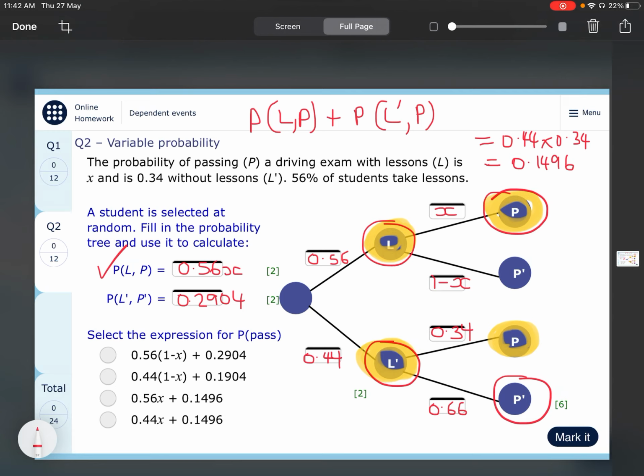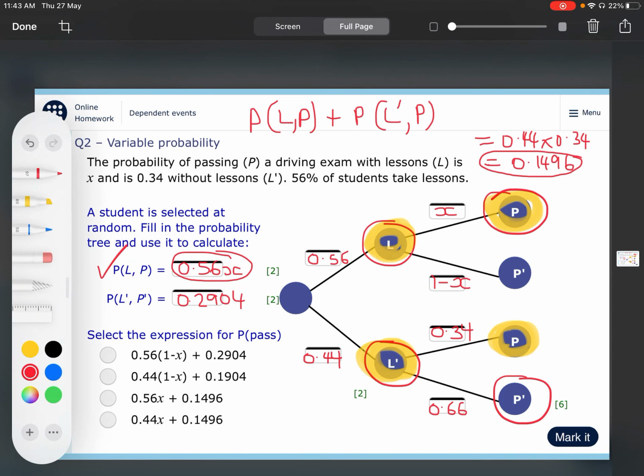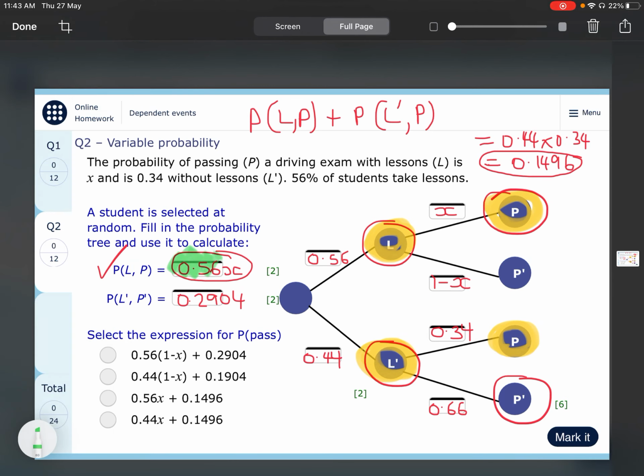So which one is it going to be a pass? So if I add this with this, let's highlight them in green, this and this, if I add them together, that's going to give me this one here. So that would be the expression for a pass.